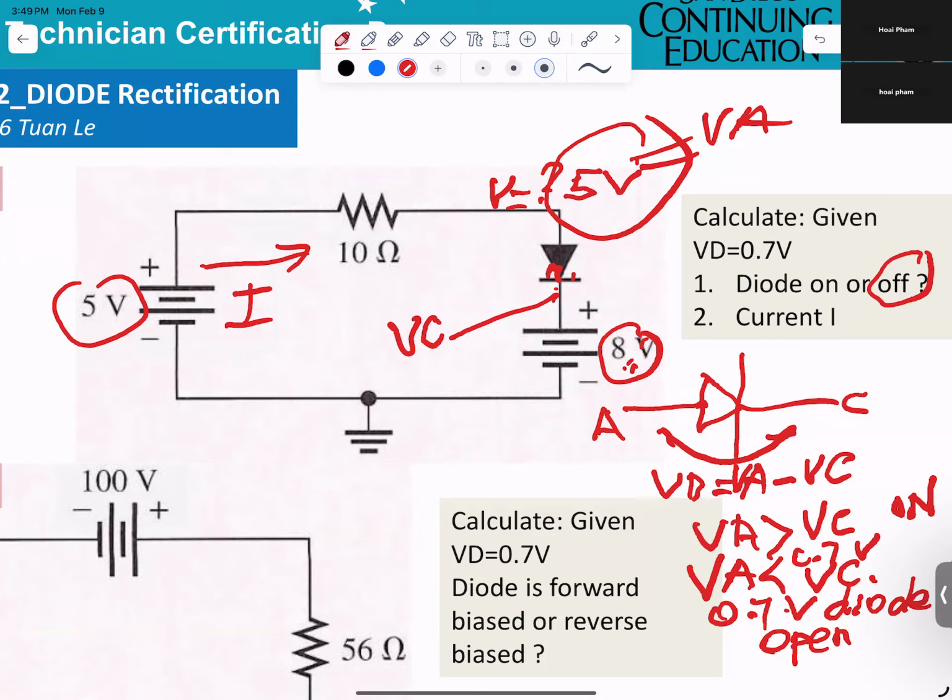Now you say the diode is off. It's broken here. It's open. Now it will be open here, and it's going down to 8 volt.